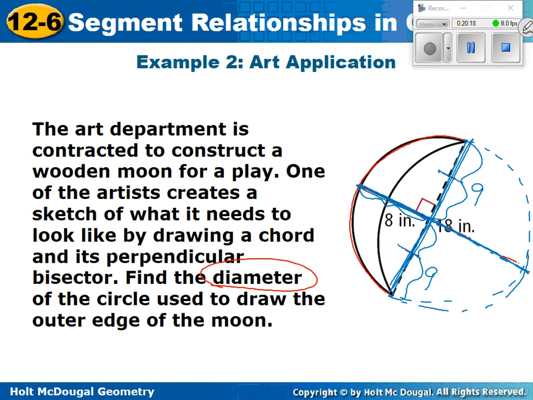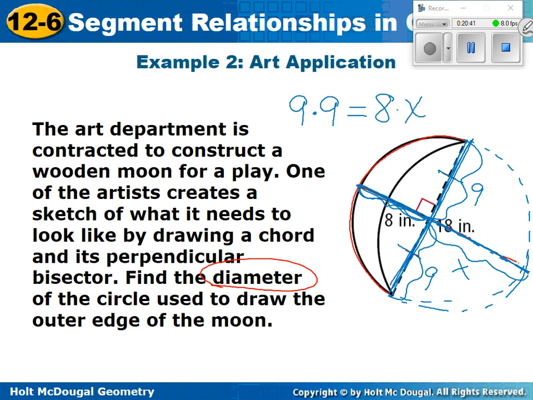Let's start with the one that they gave us that was 18. What are its two parts? 9 and 9. So we have 9 times 9 equals, now go to the other chord. This one is 8. What are we going to call this? X. So we have 9 times 9 equals 8 times x.